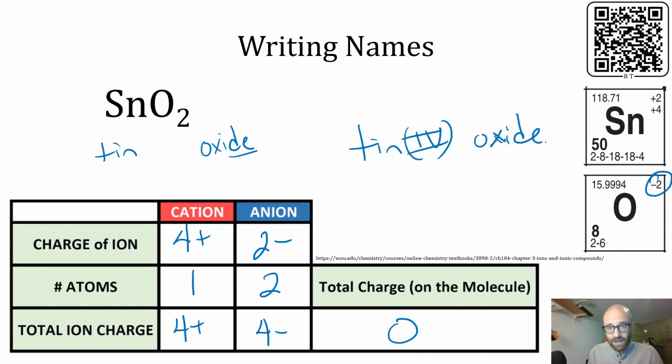Now what's interesting about this is that the name is tin 4 oxide, but when you look at the chemical compound, there's no 4s.